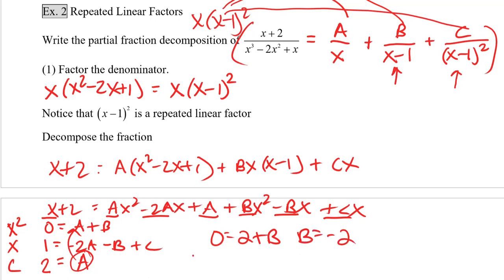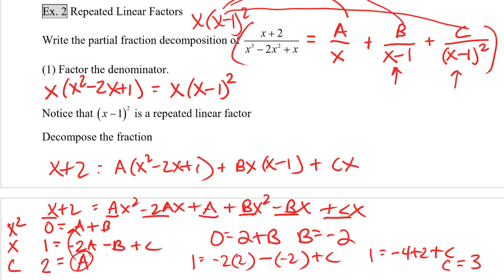And then finally, 1 equals negative 2 times 2 minus negative 2 plus c, or 1 equals negative 4 plus 2 plus c, which means then that c equals 3.